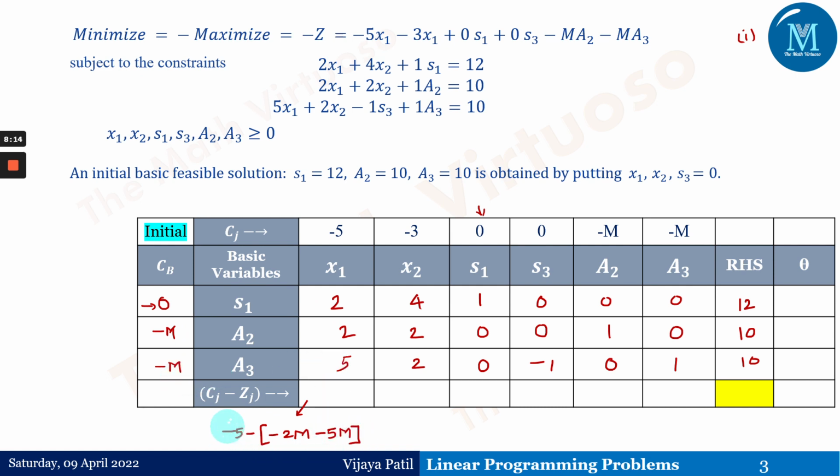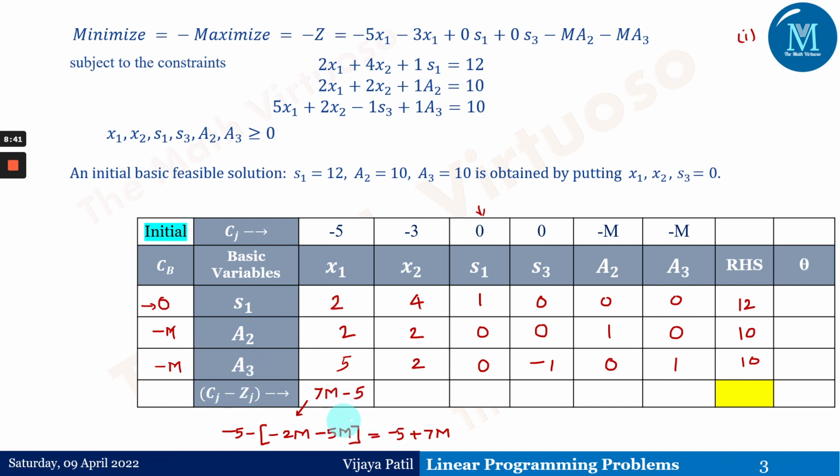That would give us minus 5 plus, so this will become minus 7M, minus becomes plus, so it would be 7M. So we have 7M minus 5 as the first element. The same thing you have to repeat. This is how we calculated the Cj minus Zj's over here. So this is about the first column.